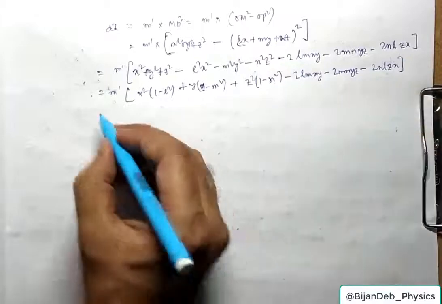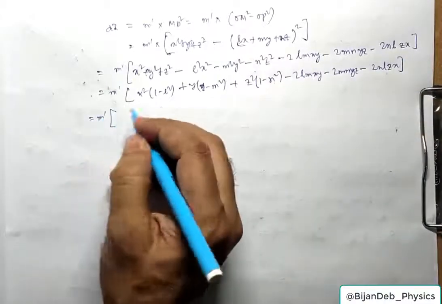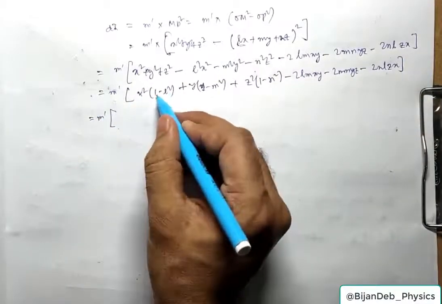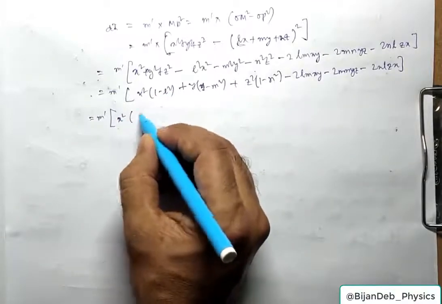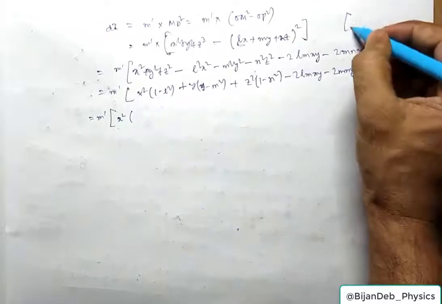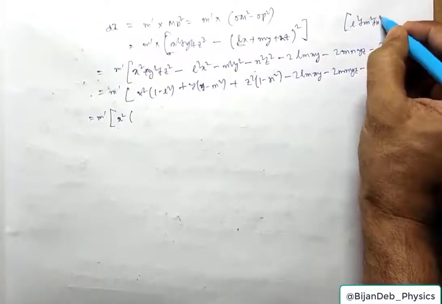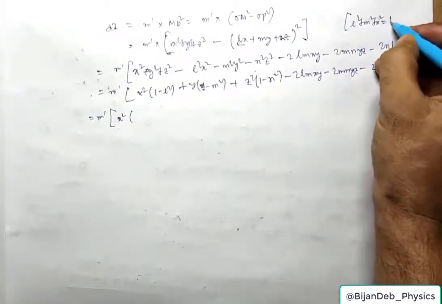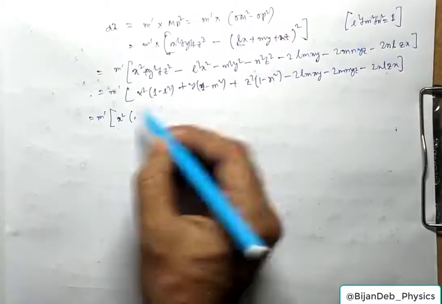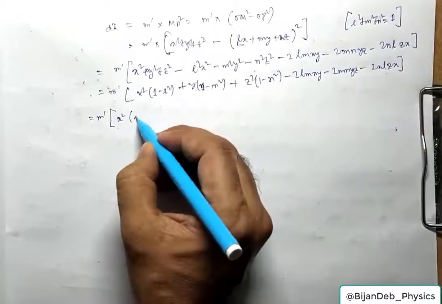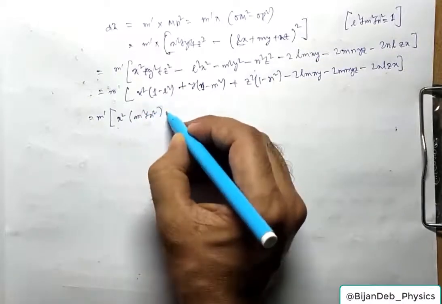Okay, now m prime, what will m prime be? x square, you should remember one important formula of direction cosines: l square plus m square plus n square equal to 1. This is quite important. Now you put here l square plus m square plus n square, l square will get cancelled, so here it will be m square plus n square.